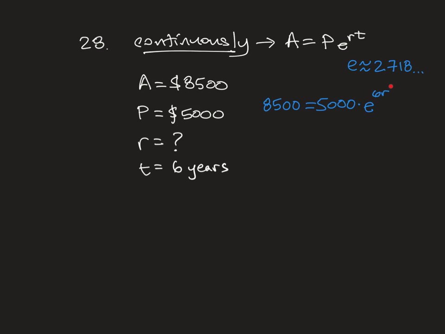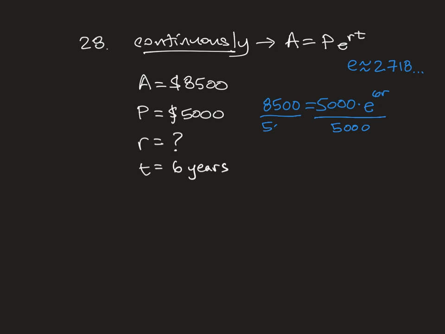And here's a case where I need to be careful because I'm going to eventually rewrite this in logarithmic form, but I need the exponential by itself equals a number. And I'm multiplying the base and all that other stuff by this 5,000. So I've got to divide that 5,000 off first. So I'm going to divide the right by 5,000.